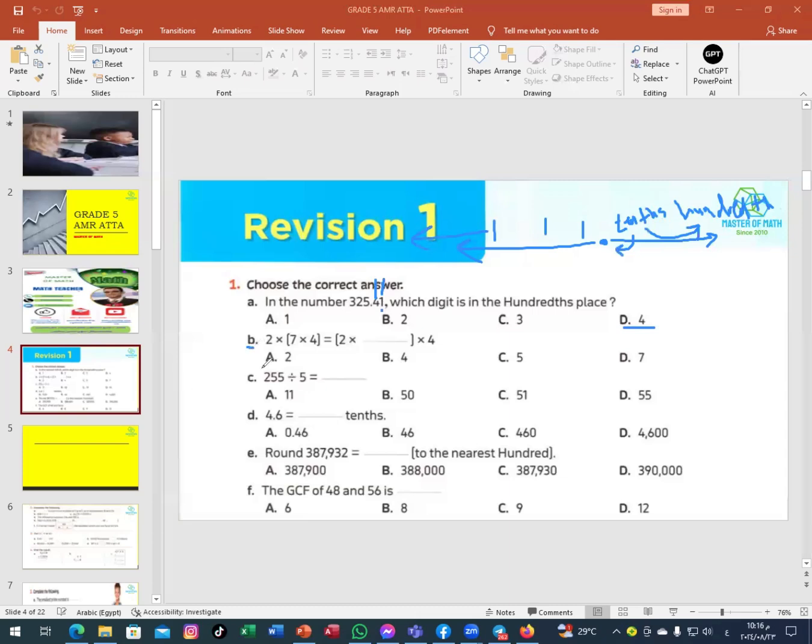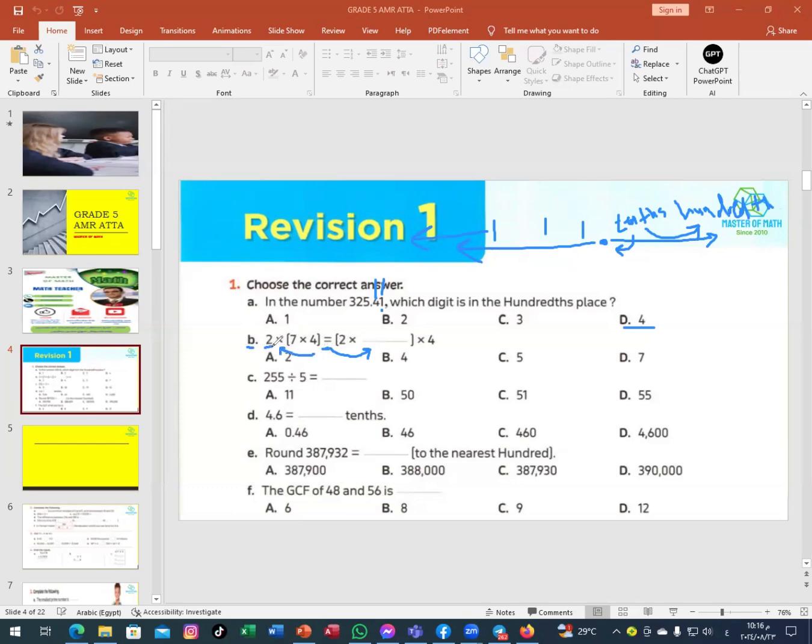B. 2 times (7 times 4) equals 2 and what times 4? There is an equal sign, and it has a left side and a right side.